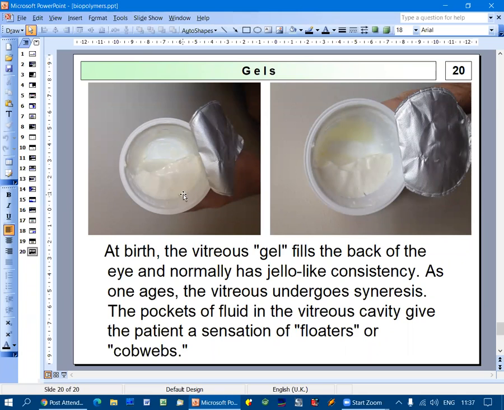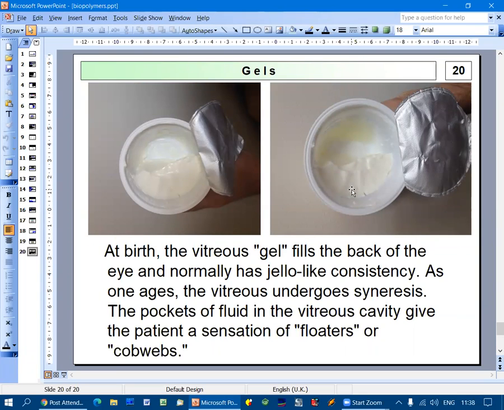This is yogurt only, and this is yogurt after syneresis. This is the liquid phase enriched with high molecular weight compounds. Only 1 day in the fridge was enough for syneresis to take place.